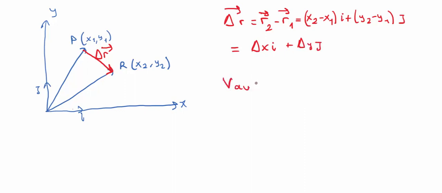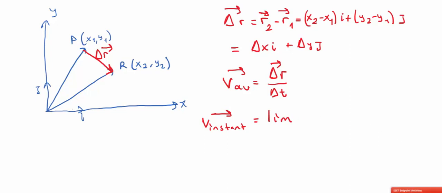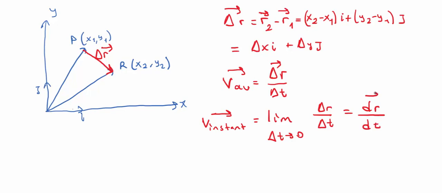So v average is equal to delta r over delta t, and then v instantaneous is equal to, we will use limit here, limit as delta t goes to 0, delta r over delta t, which is dr, we show it like this, its derivative, over dt. Okay.